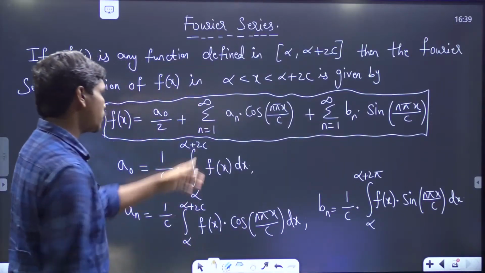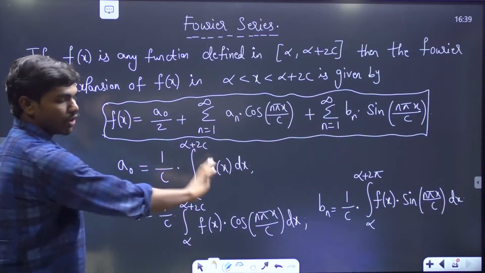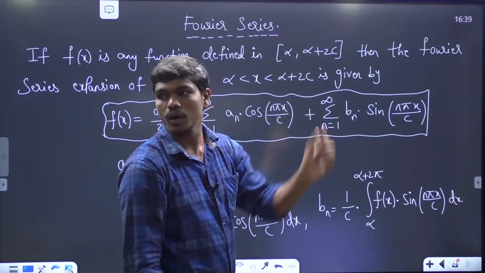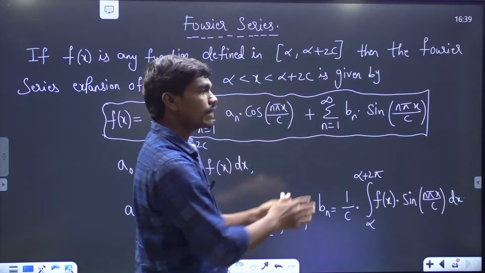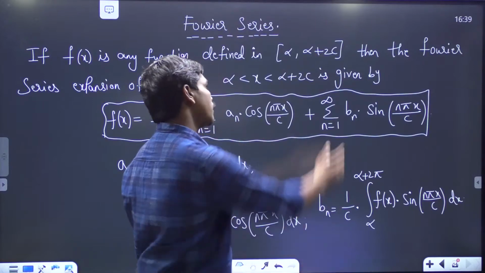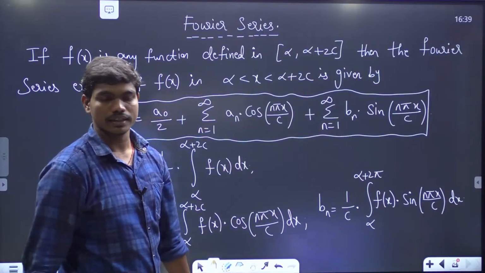Basically my intention is to tell you that this interval is defined over a length of 2c. So if this interval is spread over a 2 pi range, then in all these equations you should replace c with pi.